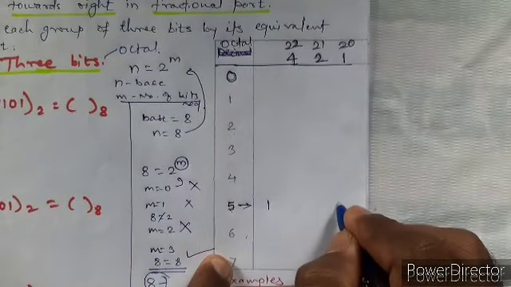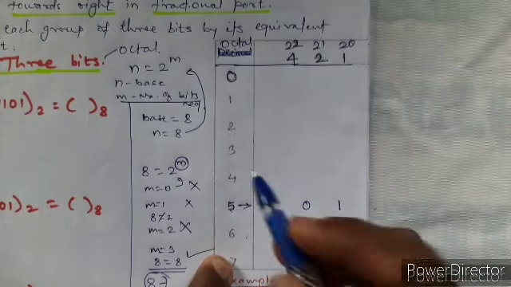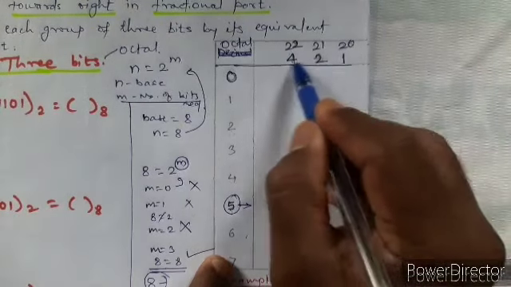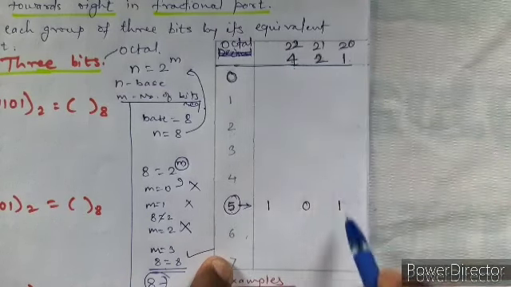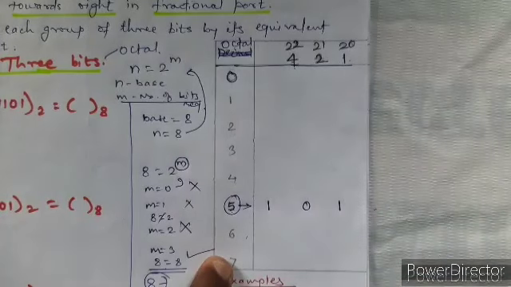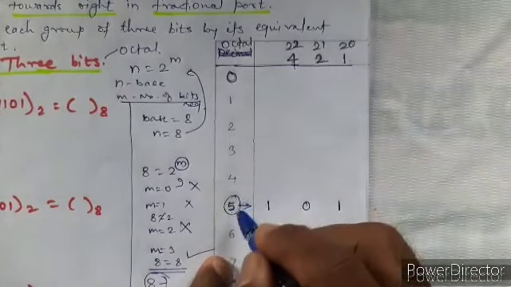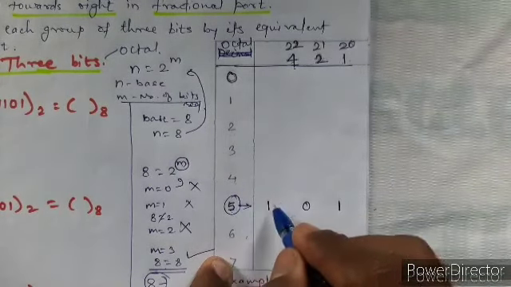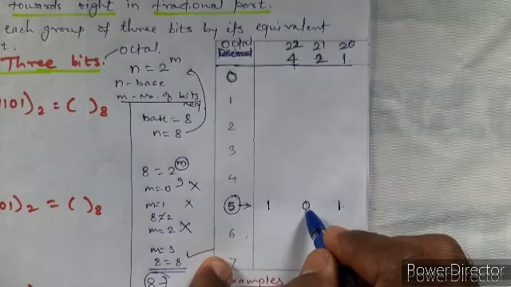So 4 plus 1 is 5, right? To form 5, I have taken these 2 bits, 4 and 1. Those bits which I have taken, I mark them as 1. I am repeating once again. Those bits I have taken to make this number, I have marked as 1. The other bit I have taken as 0.